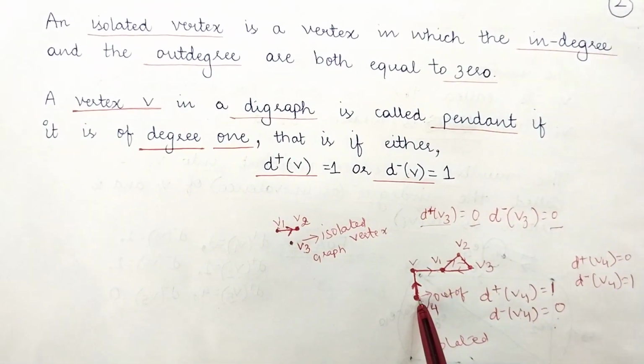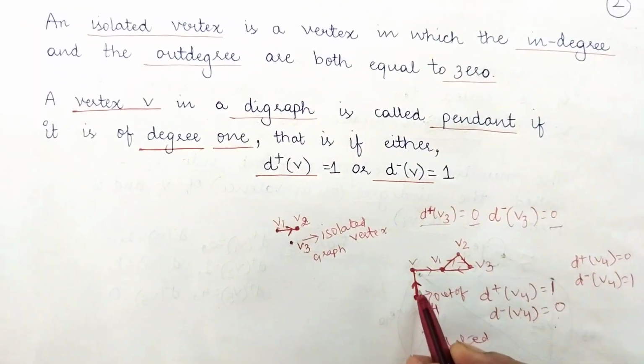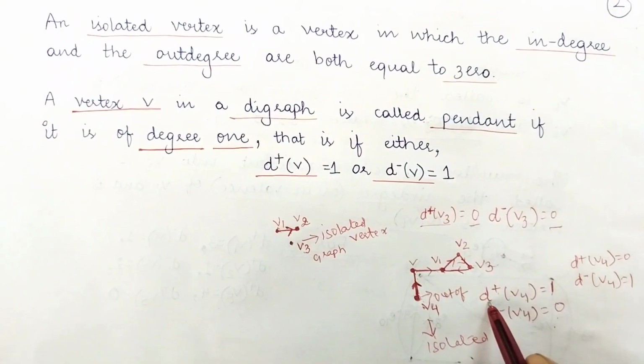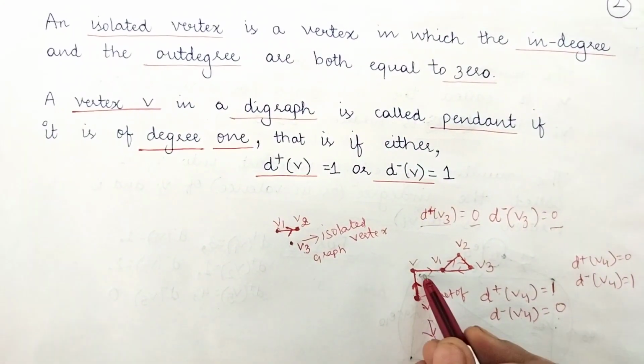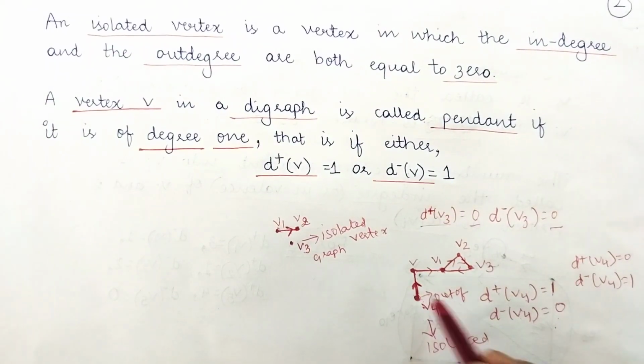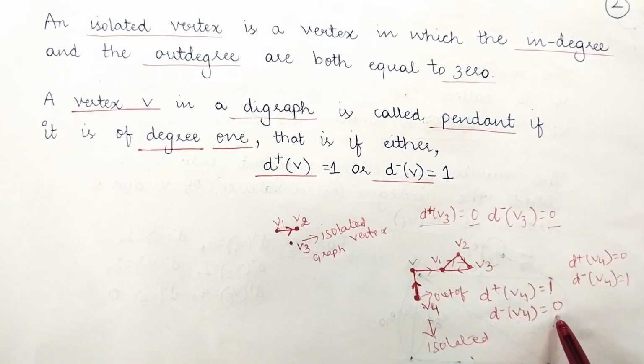But if you look at V4, there is only one edge incident upon vertex V4, right? And this edge is incident out of vertex V4. So that means the out degree of vertex V4 is 1. Now there is no edge which is incident into vertex V4, hence the in degree of vertex V4 is 0.